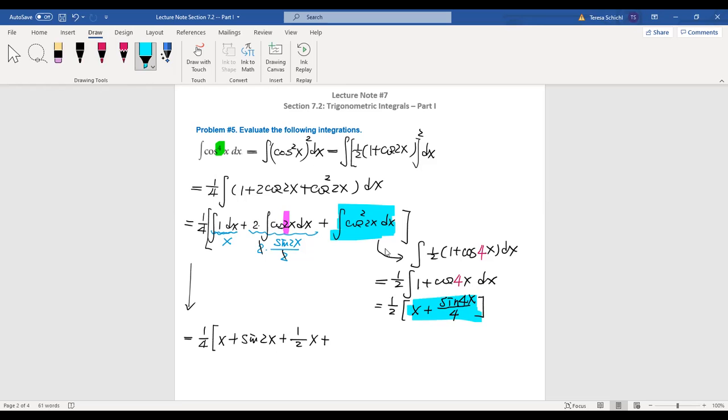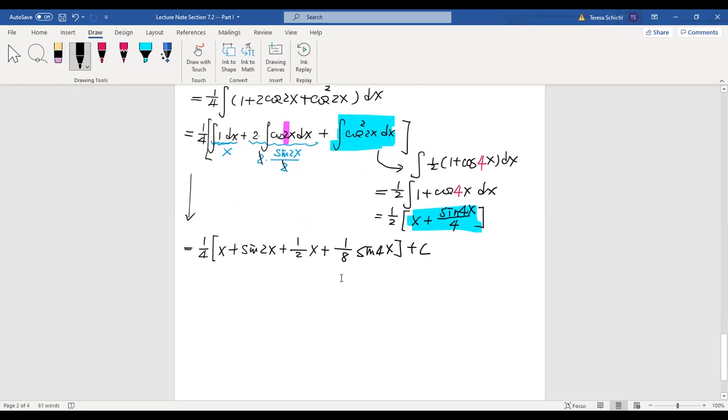Okay, so now let's try to do it again. So this is 1/2 of x, okay? And now here is 1/2 times 1/4 is 1/8 sine 4x plus c. All right, now we are almost done. Okay, so I take the 1/4.